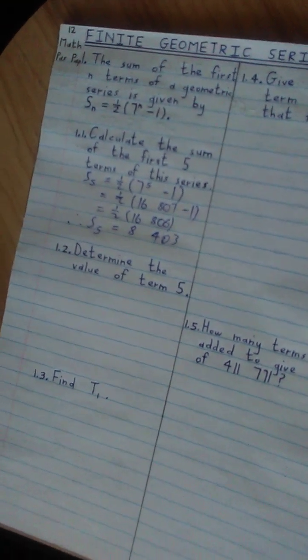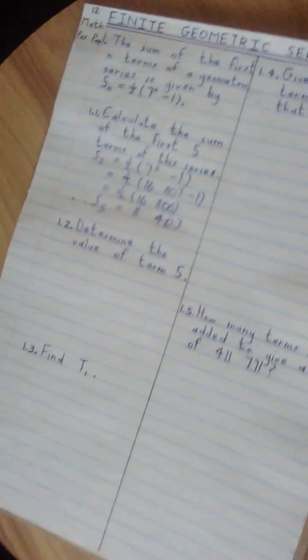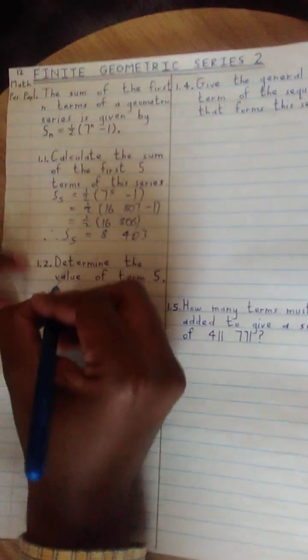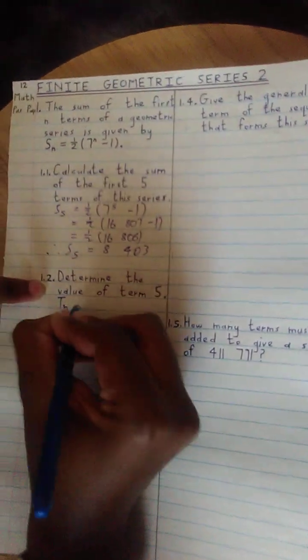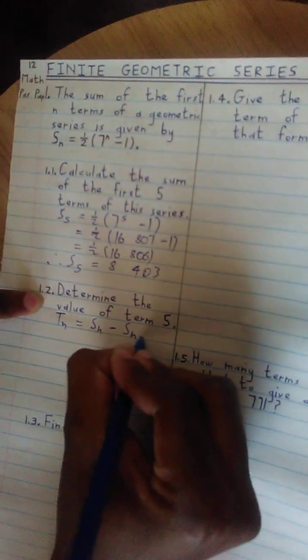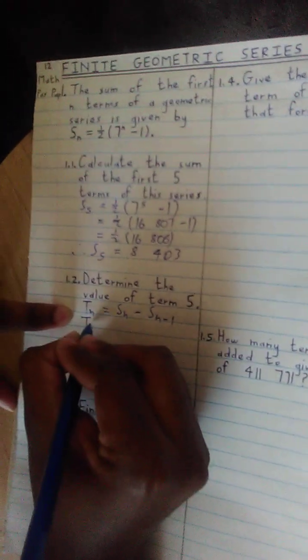1.2 states determine the value of term 5. So we need to calculate T5, right? So we use this formula, Tn is equal to Sn minus Sn minus 1, right? So what is n? We put 5.